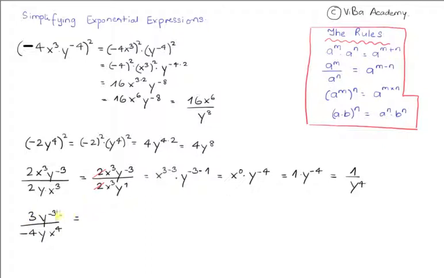I'm allowed to do that if it's only a single stray negative in the denominator and nothing up here. So I'm going to firstly make this negative 3y raised to negative 3 over 4y x to the power 4. And since I don't see any x in the numerator, I'm not going to bother so much with this x raised to 4. I'm just going to keep it as it is.